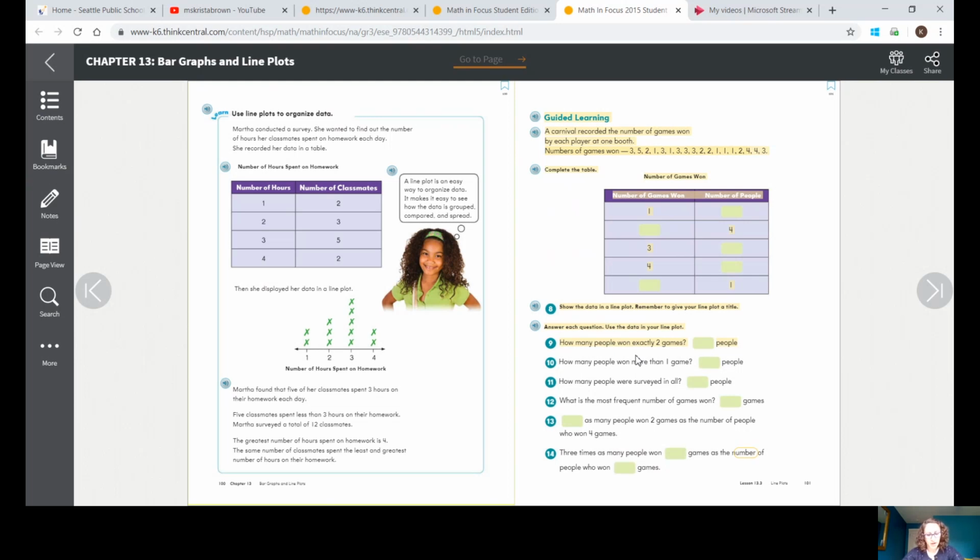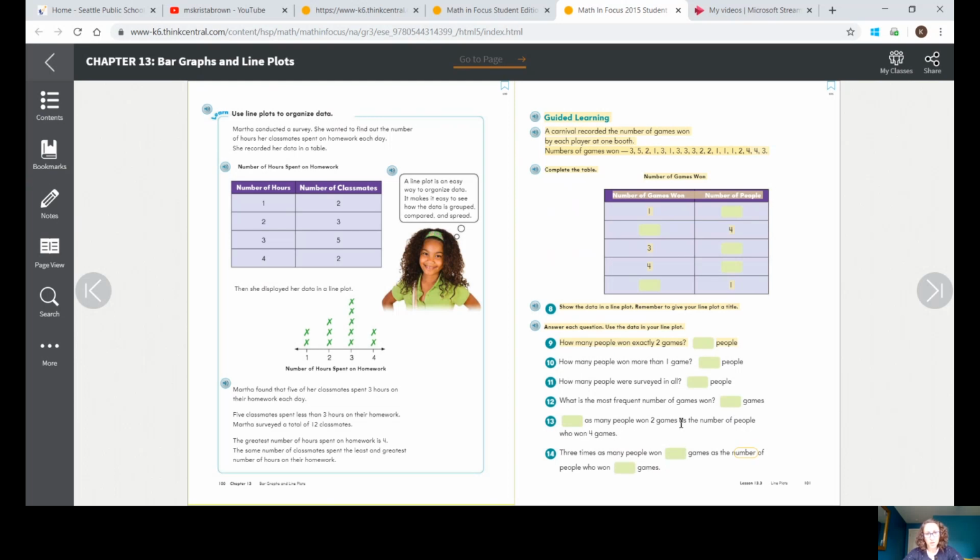Okay, so for number 9, how many people won exactly 2 games? 4 people. How many people won more than 1 game? 13 people. How many people were surveyed in all? There was 18. What is the most frequent number of games won? 3.